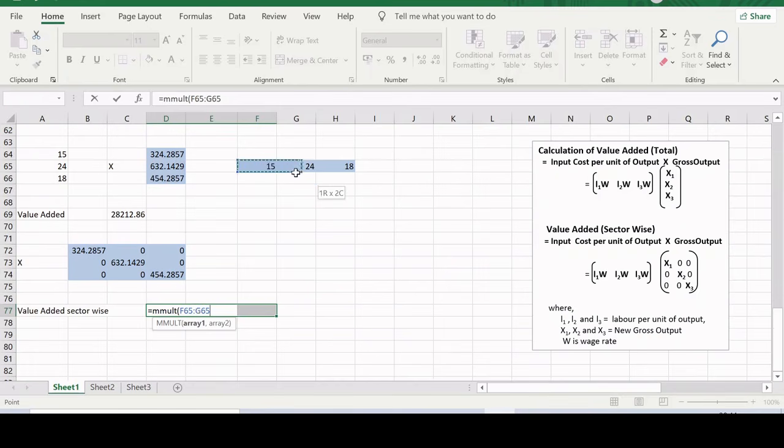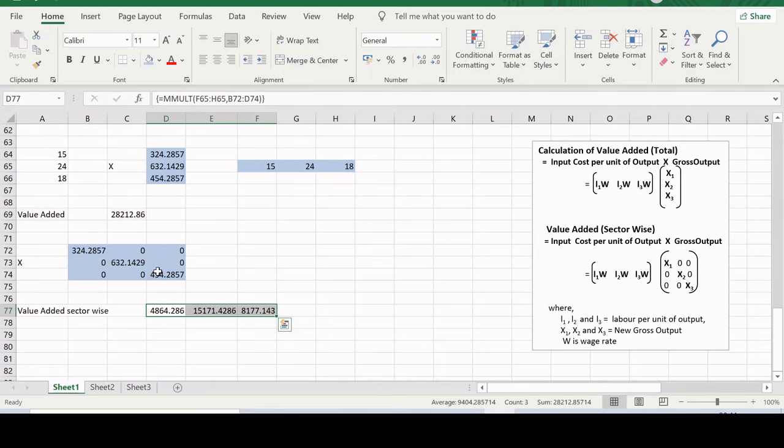Here array 1 is the labor cost per unit of output matrix, comma, the second matrix is the output matrix, written in the form of a 3 by 3 order matrix, so that we get the value added sector wise. After this, we need to press Ctrl Shift and Enter to get the result. So this is the value added sector wise.